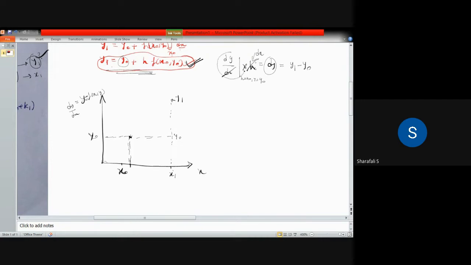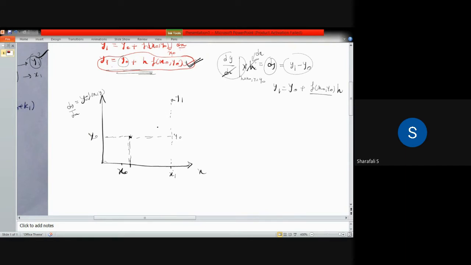If you get these two parts, then we directly get that y1 is equal to y0 plus dy by dx at x equal to x0 and y equal to y0, that is f of x0 comma y0, times h. That is Euler's equation.